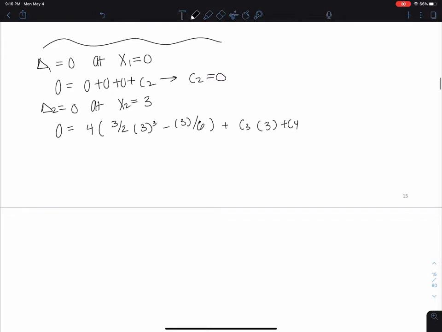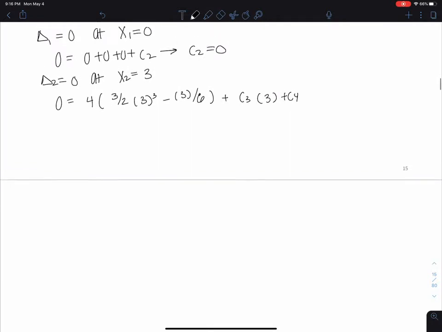I can't really solve for anything here. I have a C3 and a C4, but now I can say that d delta 1 over dx1 at x equals 2 is equal to d delta 2 over dx2 at x equals 2.